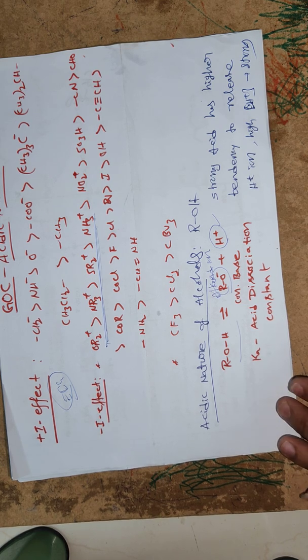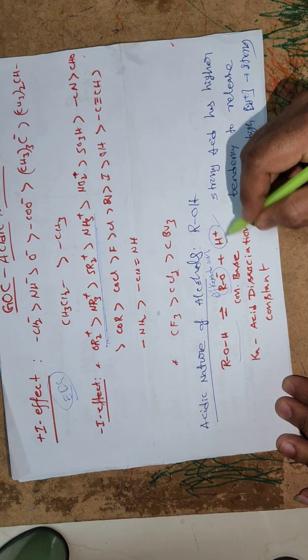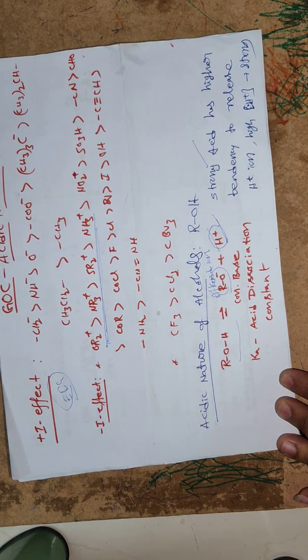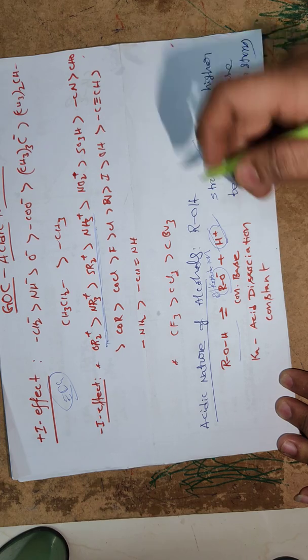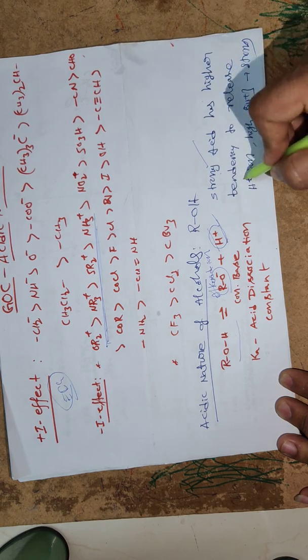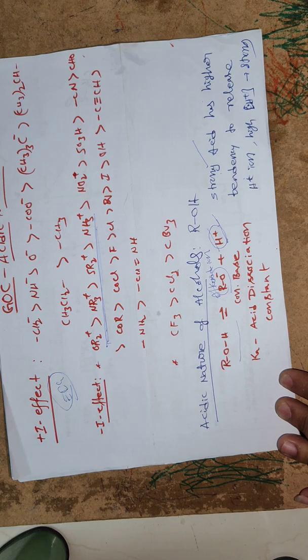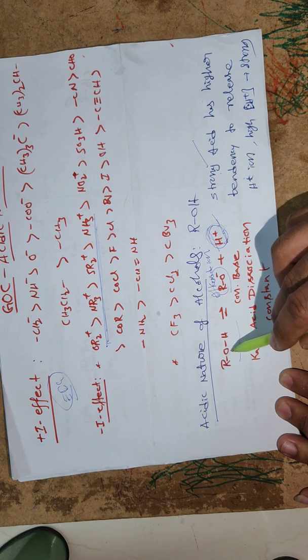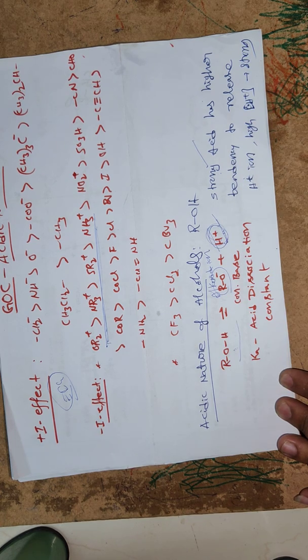Generally, if any compound produces a higher concentration of H plus ions, it is said to be a stronger acid. A strong acid has a higher tendency to release H plus ions. So the higher the concentration of H plus ions, the higher the acidic nature, and that alcohol is said to be a strong acid.